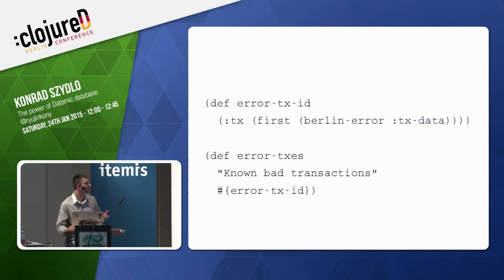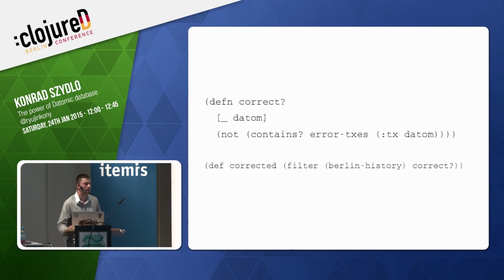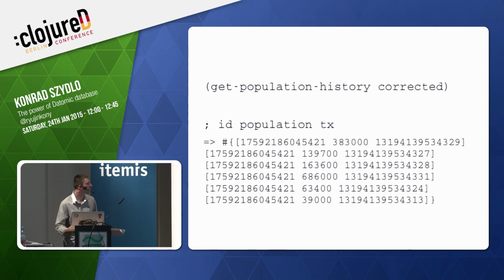We know the transaction ID associated with this transaction, and we can store it. And here we create our correct filter that will basically check if the transaction associated with a certain datum is in our list of wrong transactions. We can use this filter to get a corrected database. Having this corrected database, we can use it in different queries and get a list of datums without our wrong transaction.